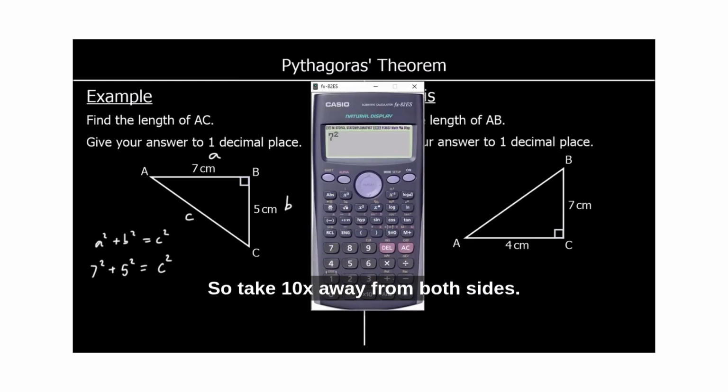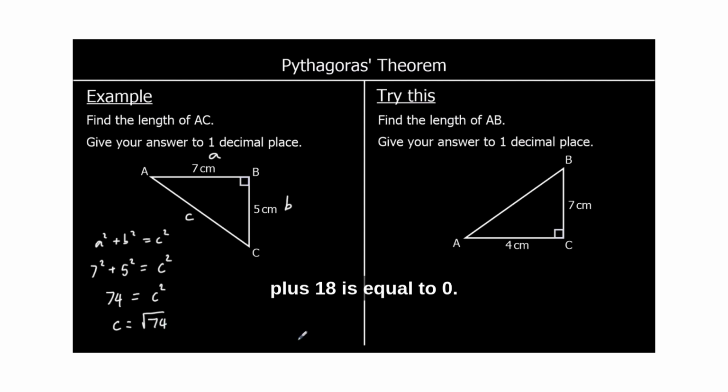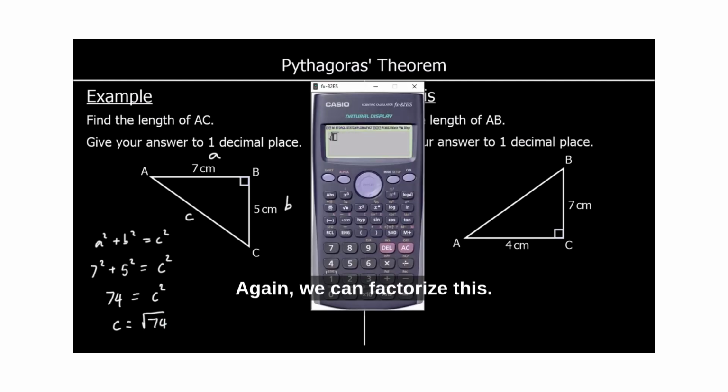If we do 7 squared plus 5 squared, that's 74. So we can say that 74 is equal to c squared. And to get c by itself, we're going to square root. So c is going to be the square root of 74. So if we square root our answer, the square root of 74 to one decimal place is 8.6.